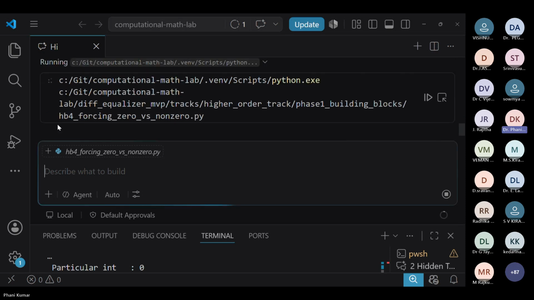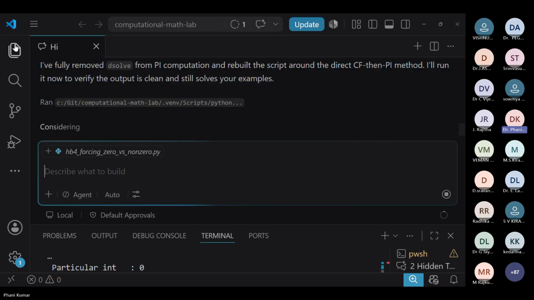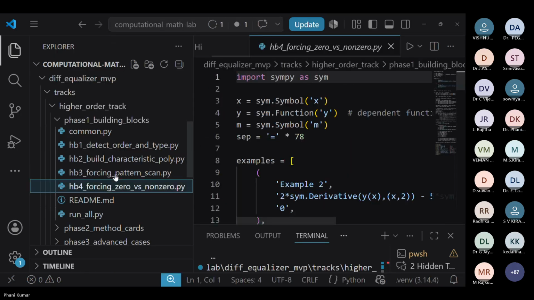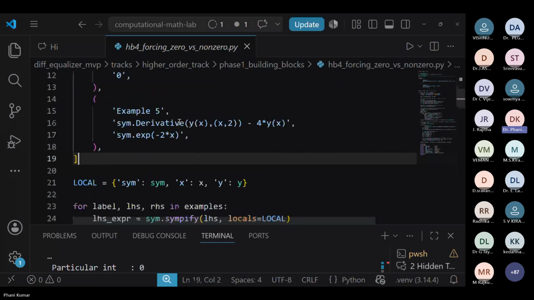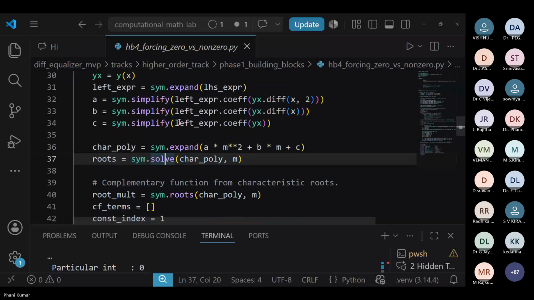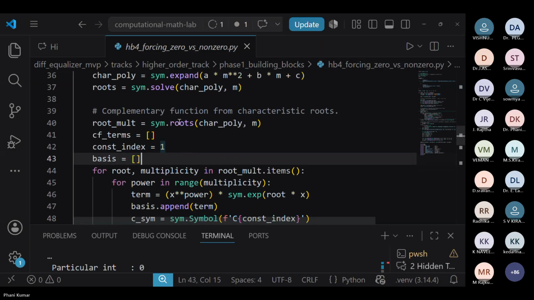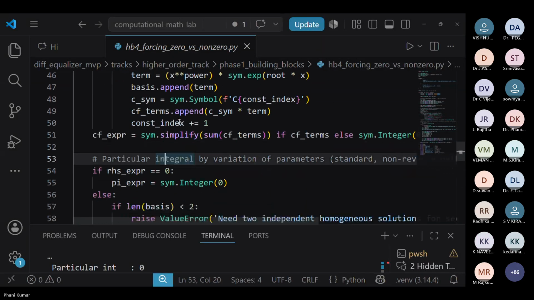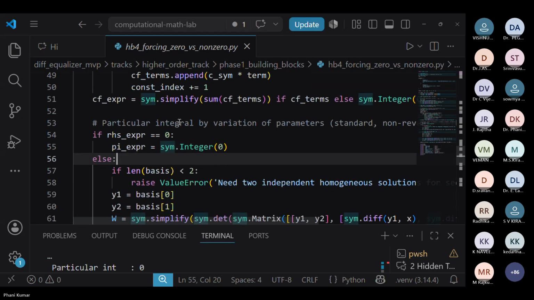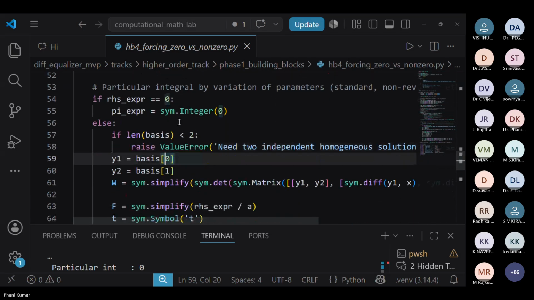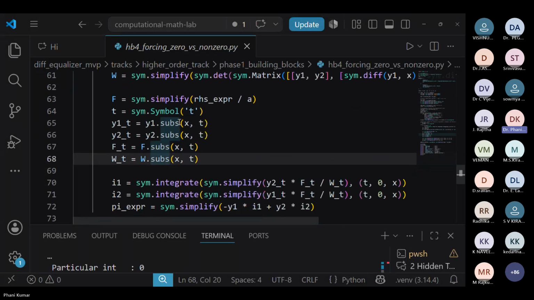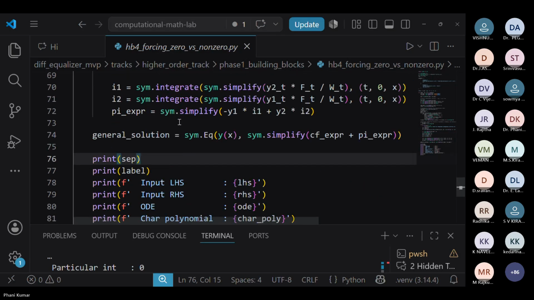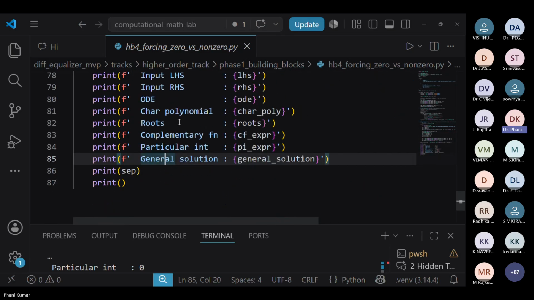So I can take that program somewhat. Okay, we can use that dsolve up to now, and so this is the general solution.